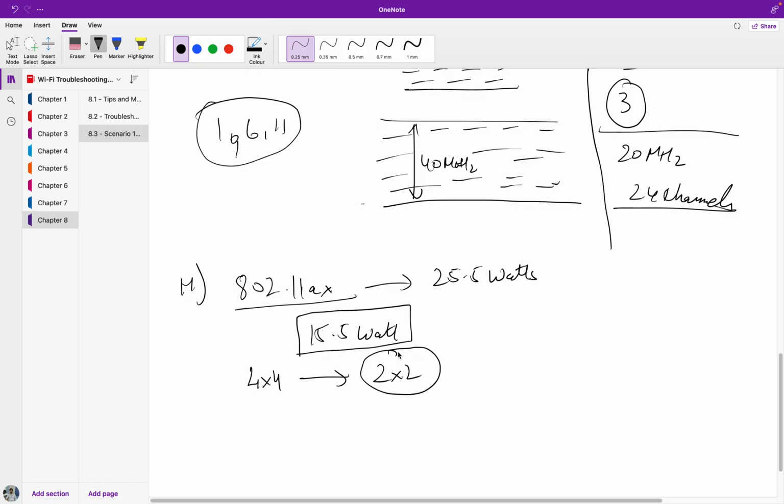I've seen APs in a good network, everything is fantastic, but the APs are falling to 2x2 because the switches are old, and then you have a 4x4 client or a 3x3 client or many clients on the access point. They're not even able to serve the clients properly because the capability has fallen to 2x2.